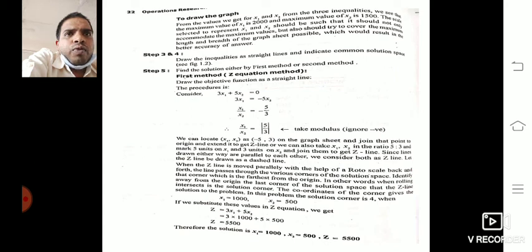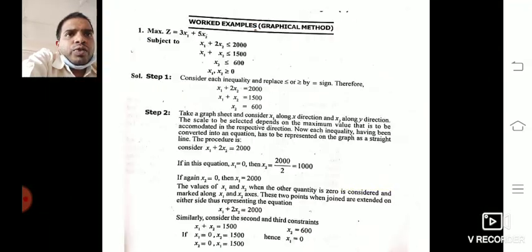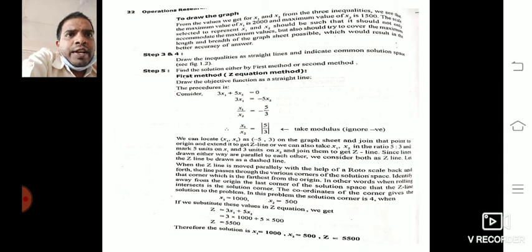Next we go for either the Z equation method or the best of all corners method. Suppose you choose the Z equation method to find the x1 and x2 values: consider 3x1 plus 5x2 equals 0, the Z equation, and bring 5x2 to the LHS side.